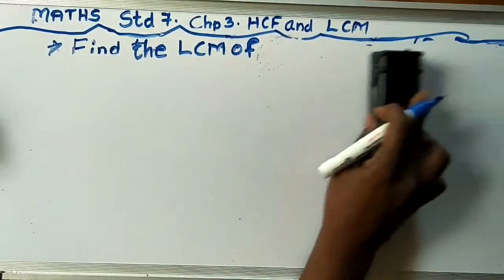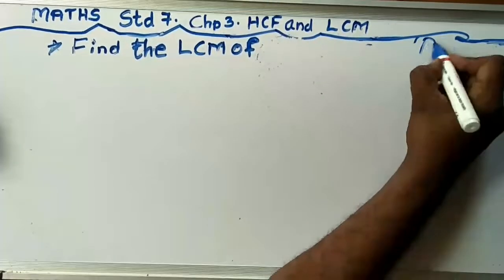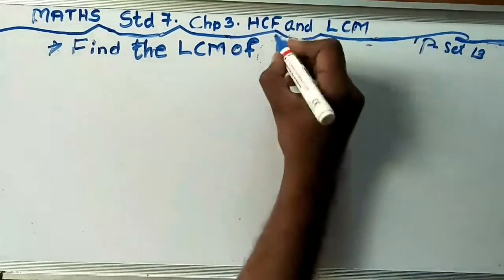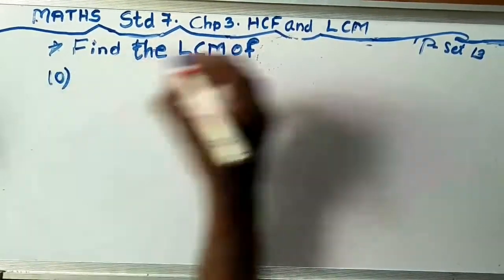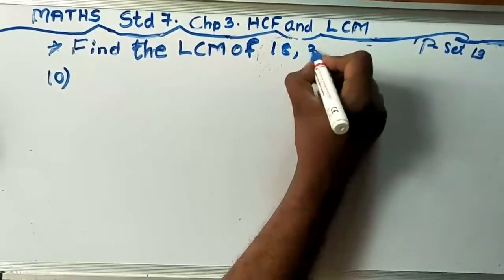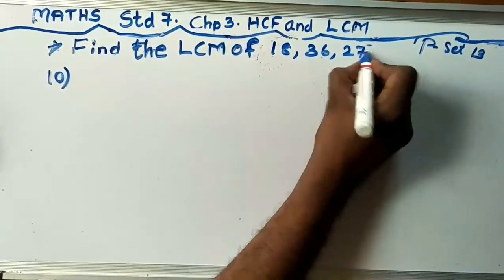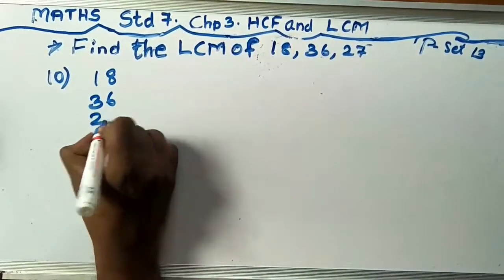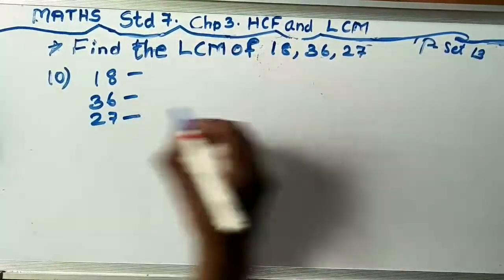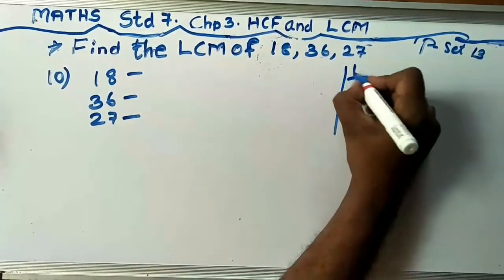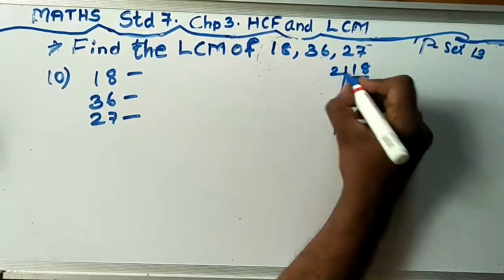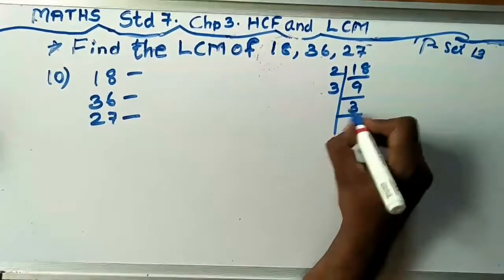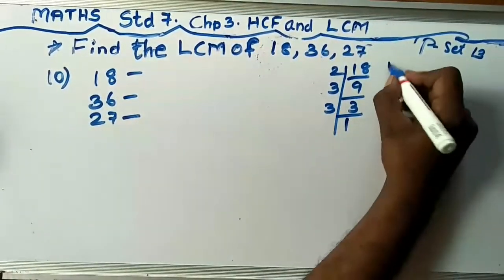Let me do one more sum from practice set 13. I'll do the 10th sum, which is 18, 36 and 27. So 18, 36 and 27. So prime factors of 18: 18 goes in 2 table 9 times, 9 goes in 3 table 3 times, 3 goes in 3 table 1 time.